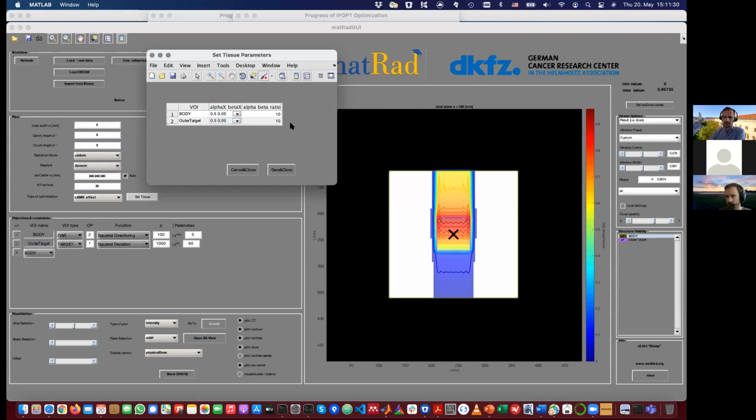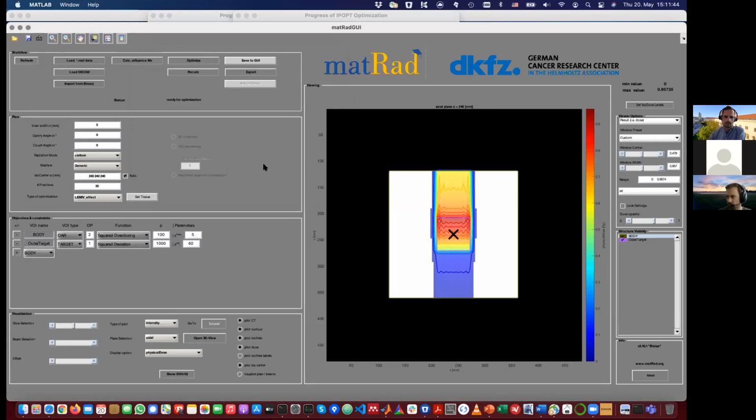Because we know this tumor that we want to treat right now is better described with these radiosensitivity parameters, we save and close. Actually, one would have to run a new local effect model simulation to derive the new parameters for every fragment, for every energy.